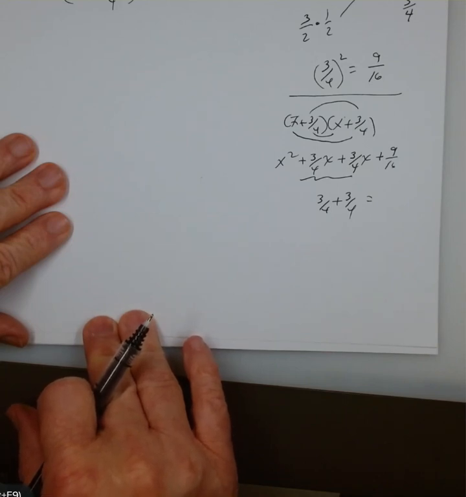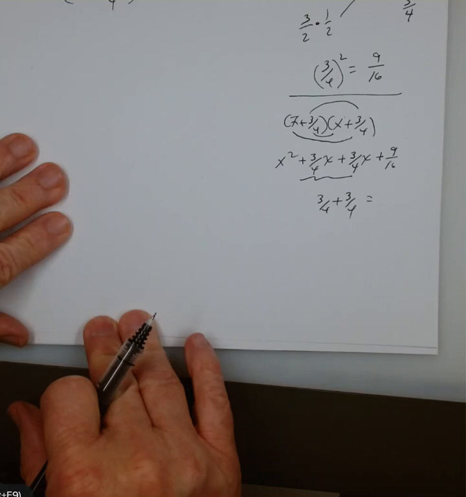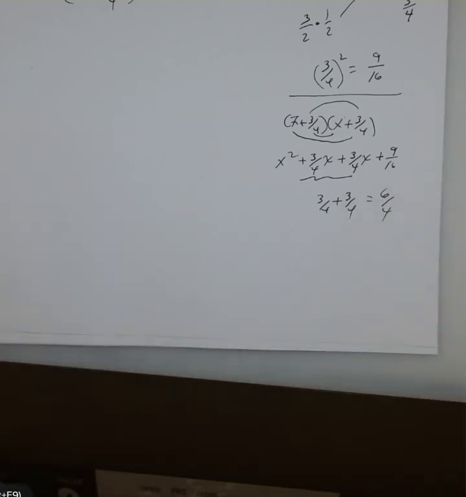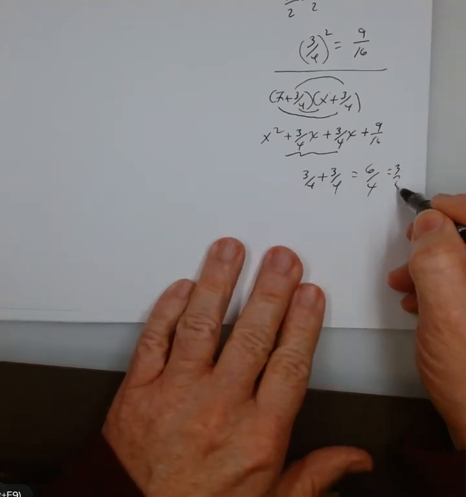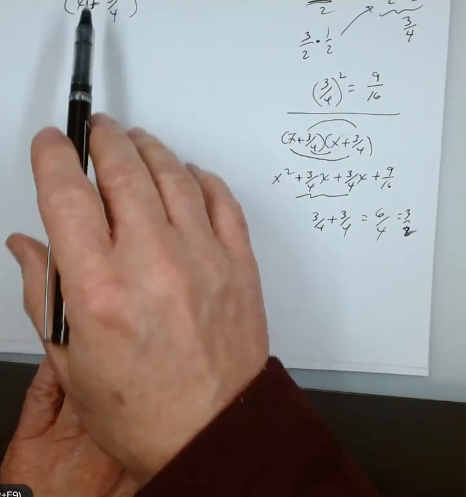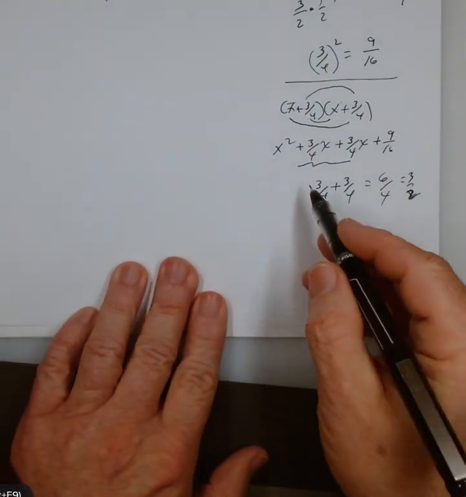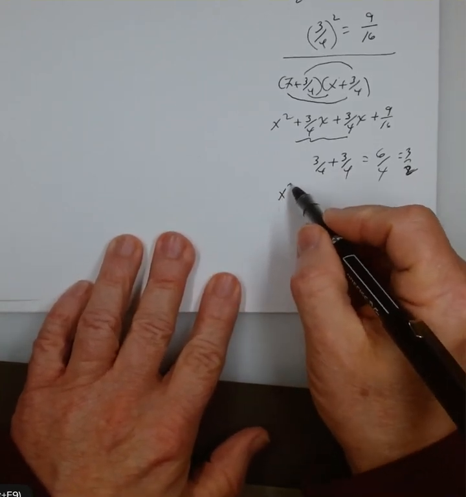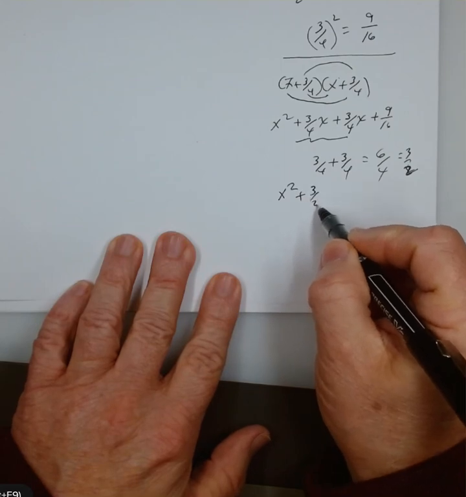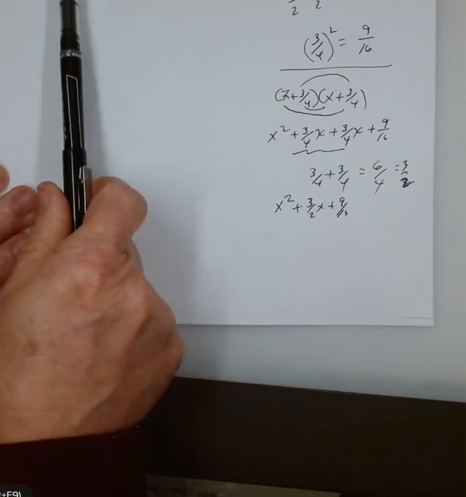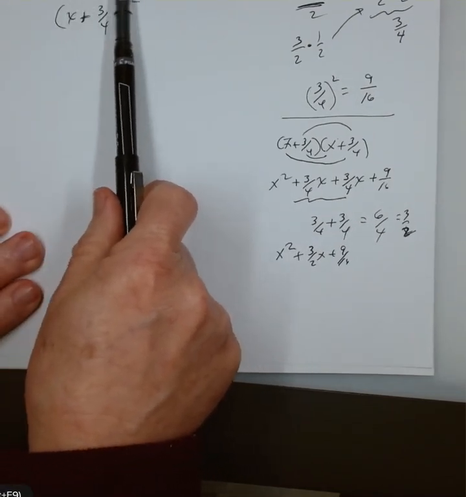What's 3/4 plus 3/4? 6/4. Reduced, it's what? 3/2, which is what this is right here, right? Okay, so this becomes x squared plus 3/2 x plus 9/16, which is what we had right here.